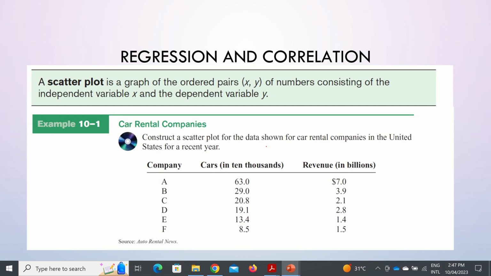So, consider this data, let's suppose for certain car rental companies. Let's suppose there are 6 companies, company A, B, C, D, E, F, and the number of cars with each company.